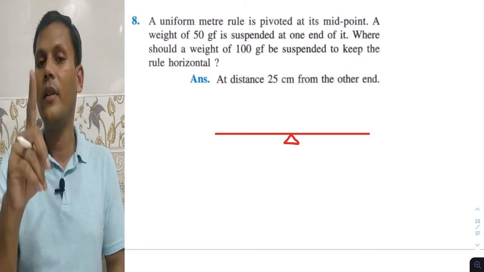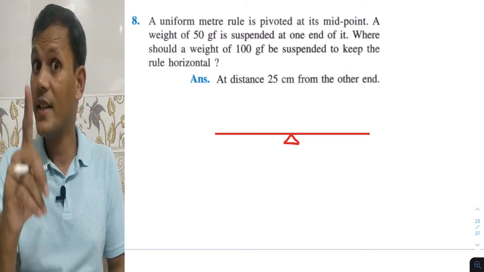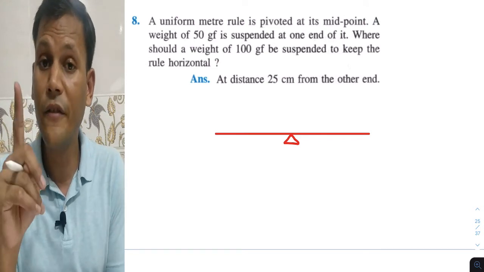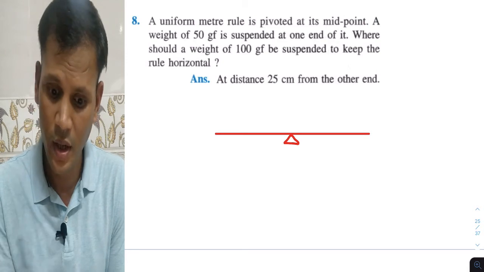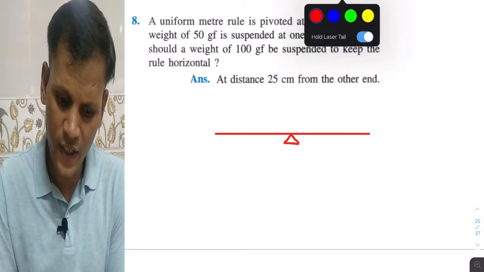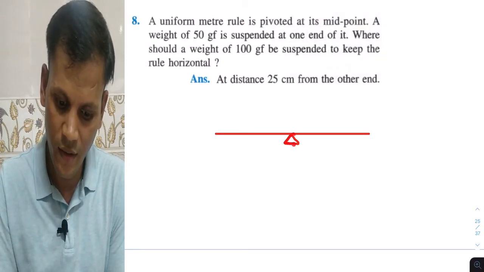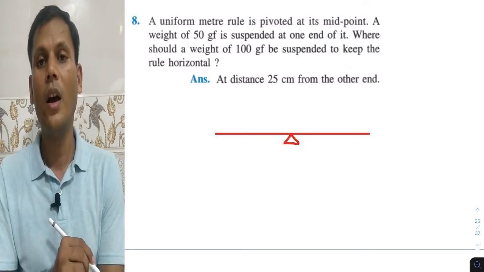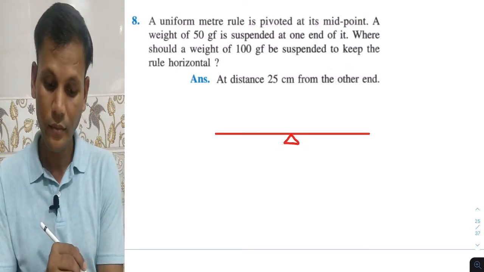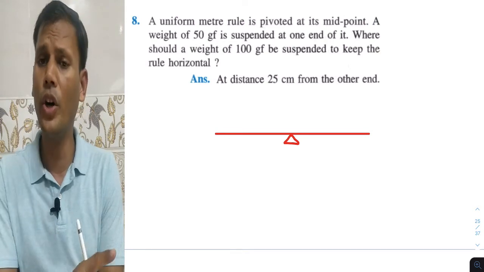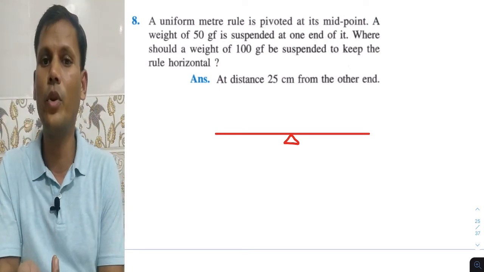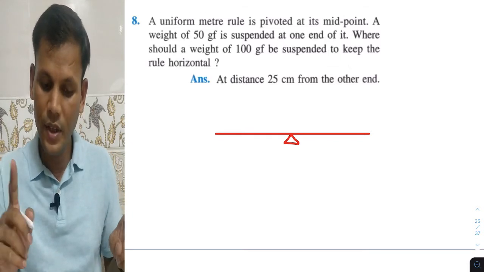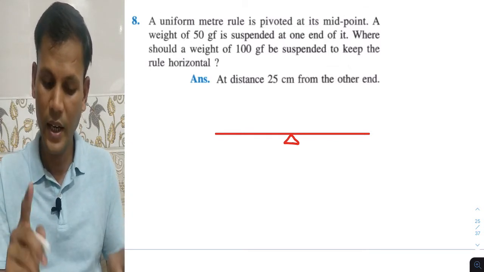Every time, all distances will be measured from the pivoted point, or fulcrum, both the words, and the pivoted point is over here. And the weight of the body always will exist at the center, that is the midpoint. So keep these two points in mind.